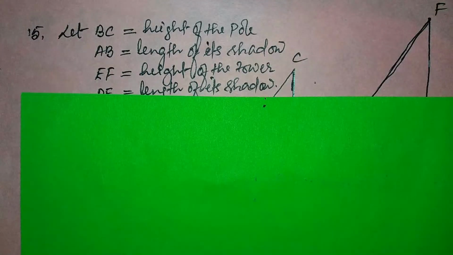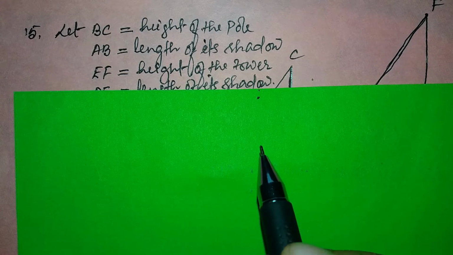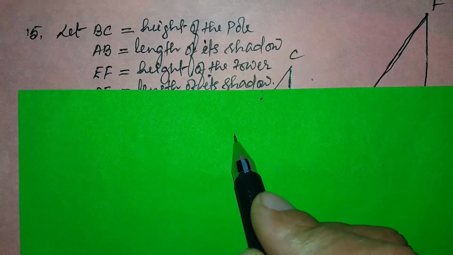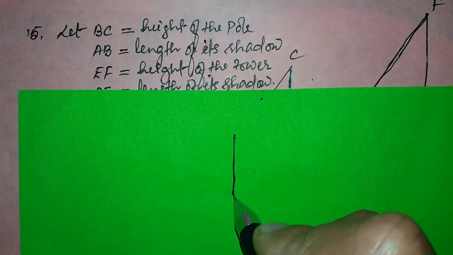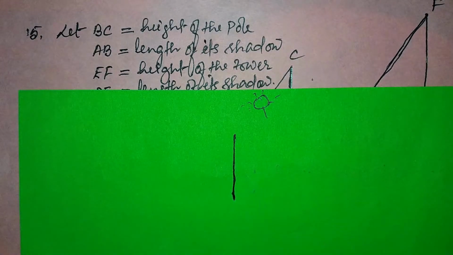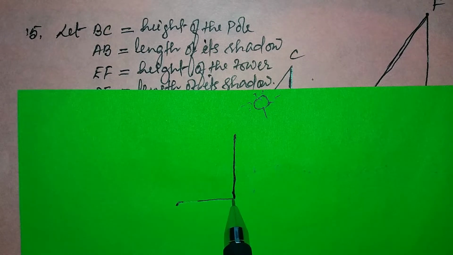Here there is something called angular elevation of the sun. I'm going to show you what that is. Let's say this is a tree here, and the sun here. At this particular point of time, let's say the length of the shadow of this tree is this one.